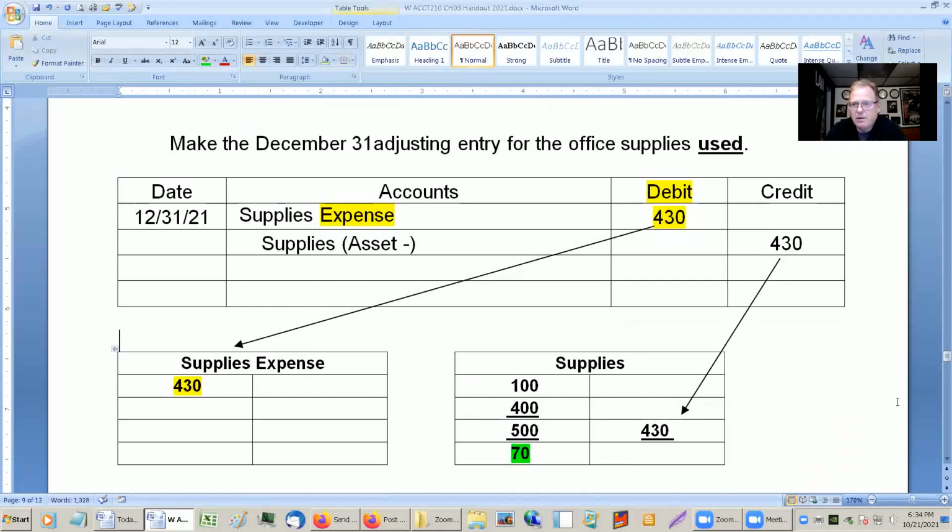You always make the journal entry for what was used, what you have to take out of it. So we have to take out 430 out of the supplies account to get it down to 70. So that's what that would look like.